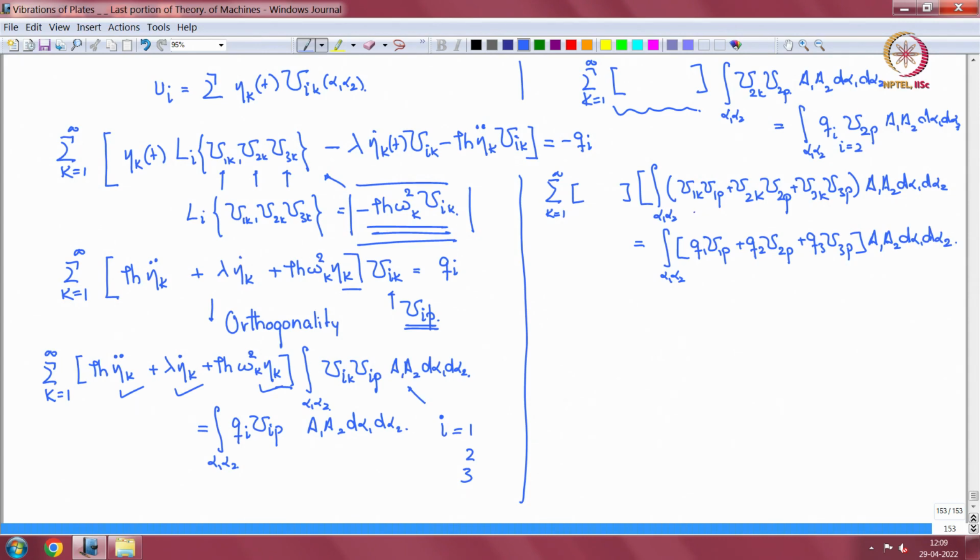Now this is the orthogonality condition. This is 0 if p is not equal to k. If p has to be equal to k, only one of these is selected.